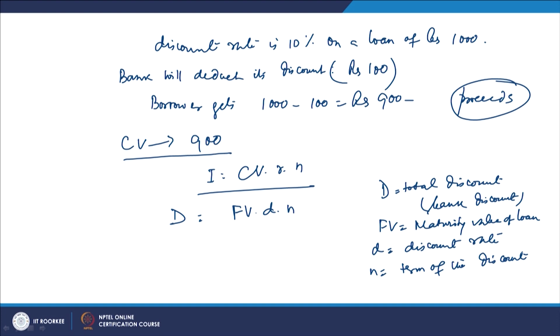So what we saw is that from the future value, this discount will be subtracted, and that is why the expression we get is C, that is your proceeds, and this will be FV minus the discount amount.